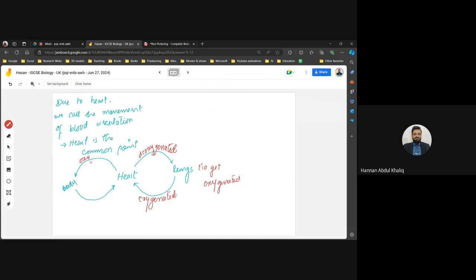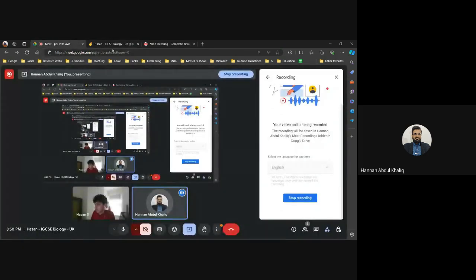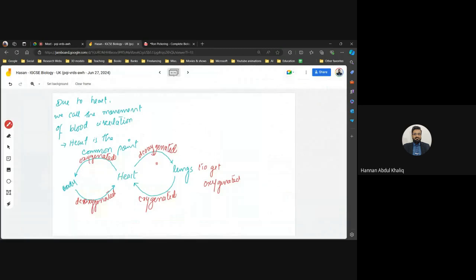That blood is oxygenated, and when it returns from the body, it again becomes deoxygenated.